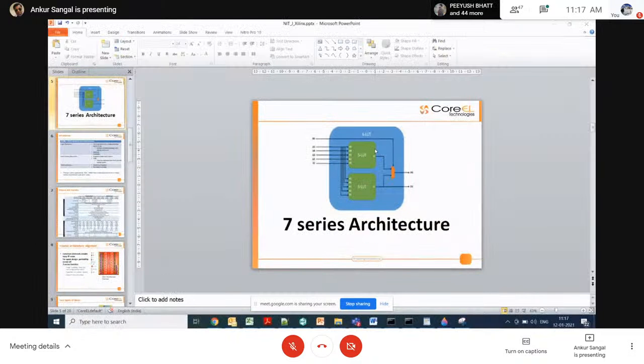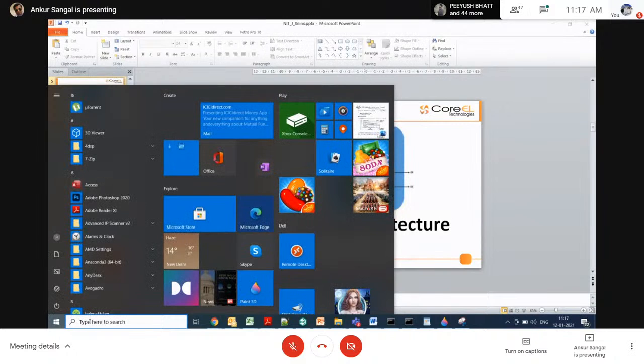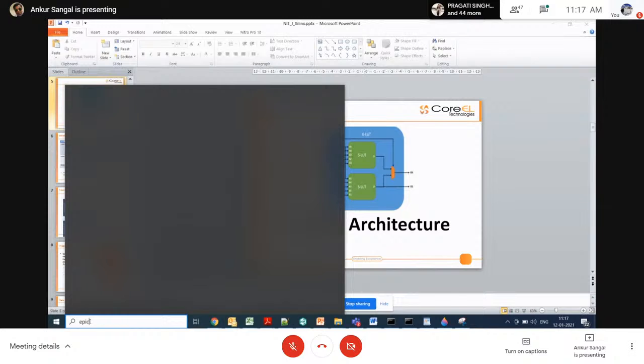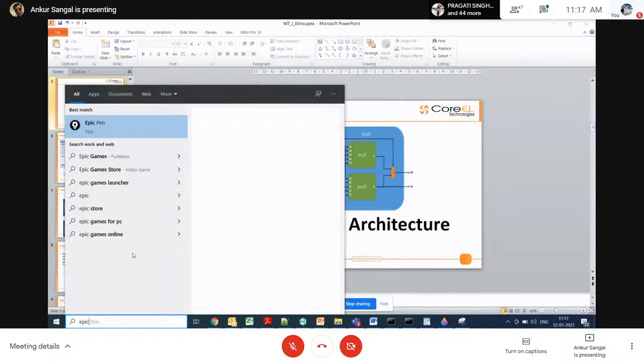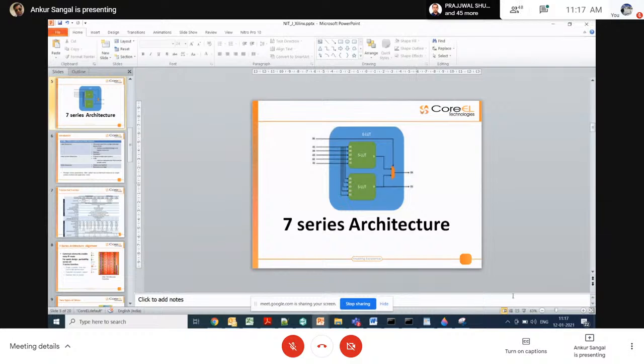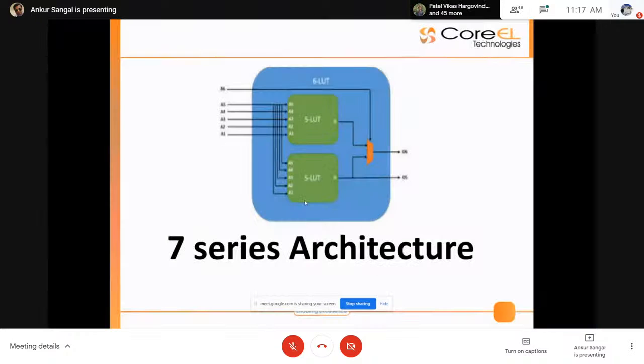If you want to implement a 1-bit full adder, it has two equations, one for sum and another for carry.